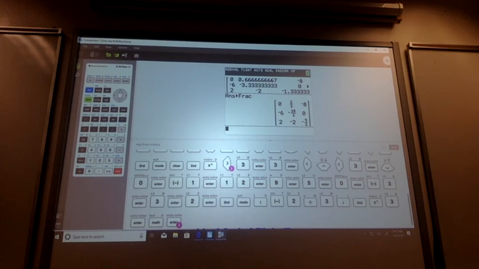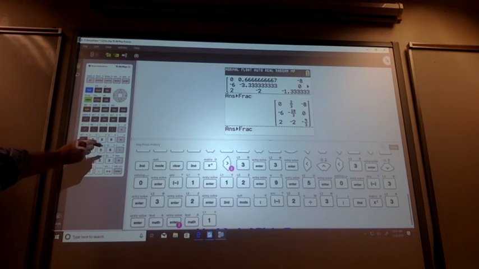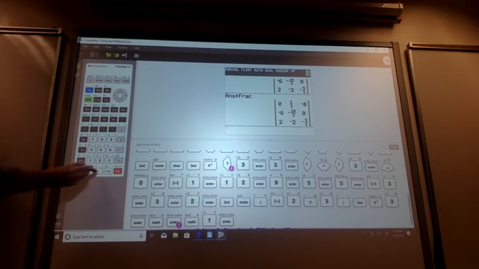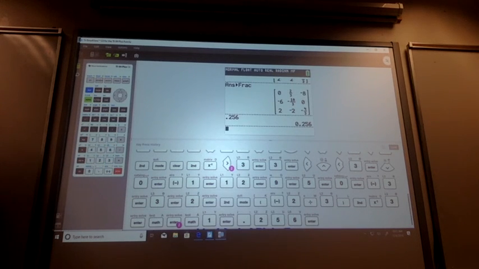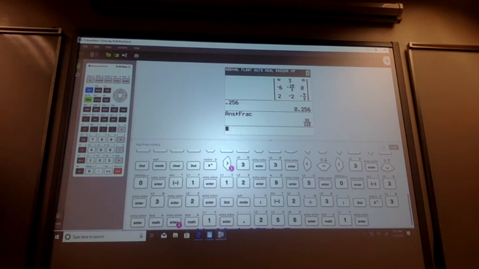All right, so you go math, fraction number 1, and then you hit enter for the answer, whatever your answer is. So what's cool is, let's say you have 0.256, enter, and you want to know the reduced fraction that goes with it: math, fraction, enter, boom, 32 over 125.